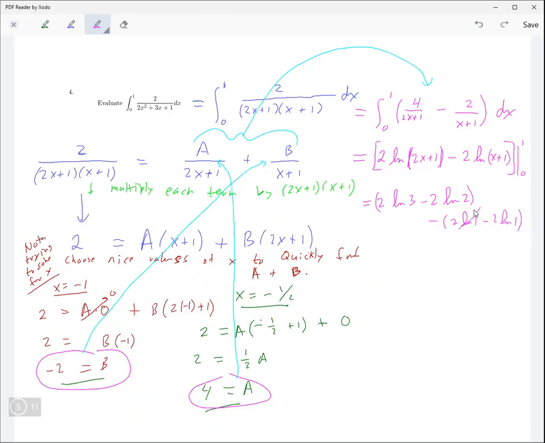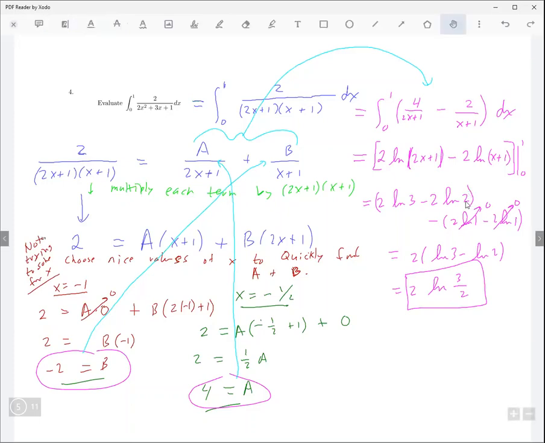Log 1 is 0, so those go away, and we have 2 log 3 minus 2 log 2. I can factor a 2 out, and probably it would accept that answer, but if you use logarithm properties, you can just write it as 2 times the natural log of 3/2.